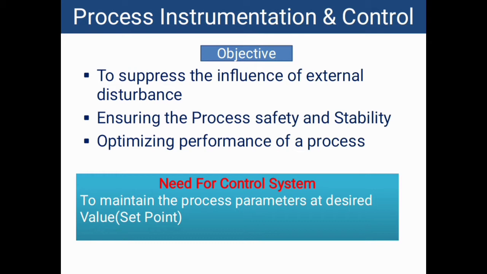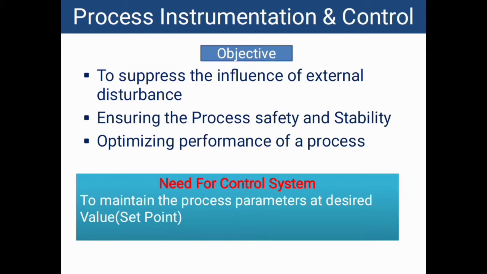One can install a control system. So once all the instruments are connected with an interlock and all the parameters are diverted to a computer, the computer controls everything. That is called process control.